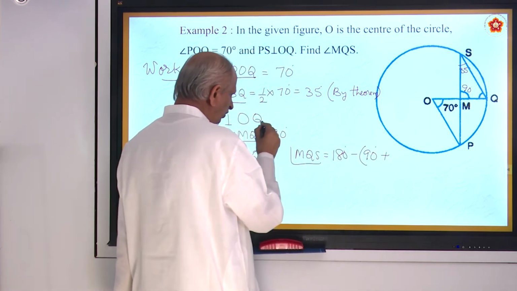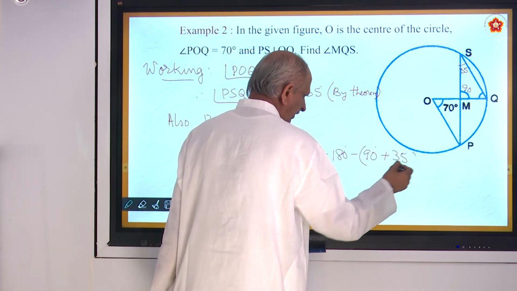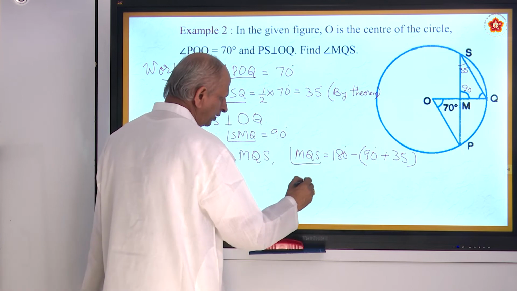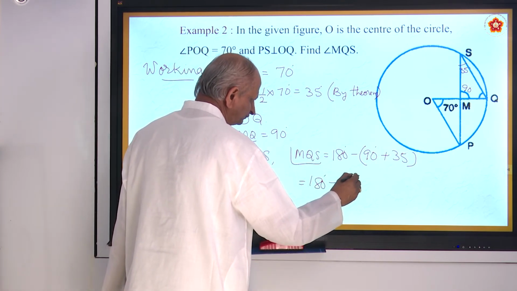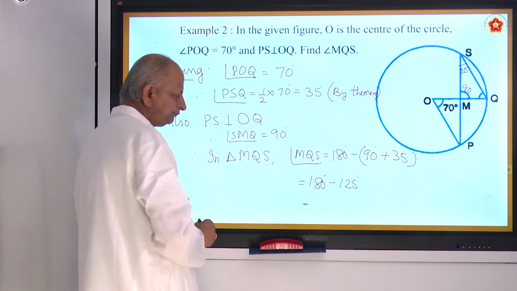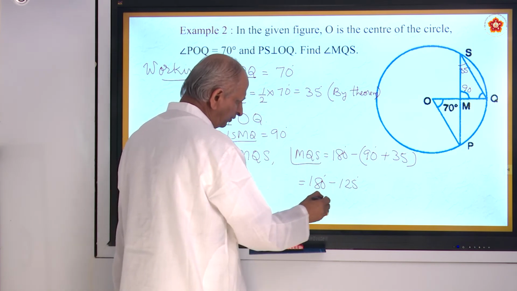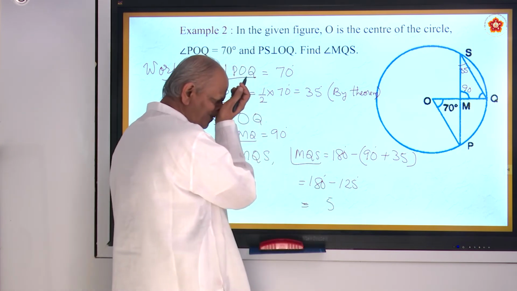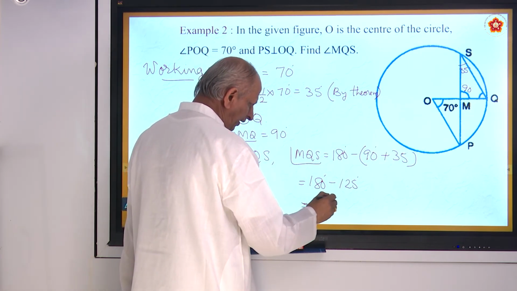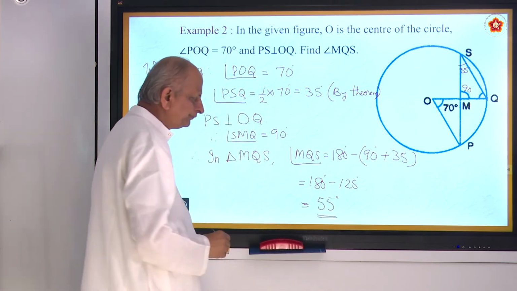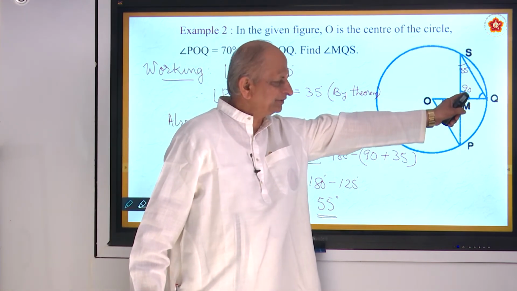What you just now found out? 35. So that will be equal to 180 minus 125. How much? 10 minus 5 is 5. Then 7 minus 2 is 5, 55 degrees. So this is 55, that is 35, this is 90.